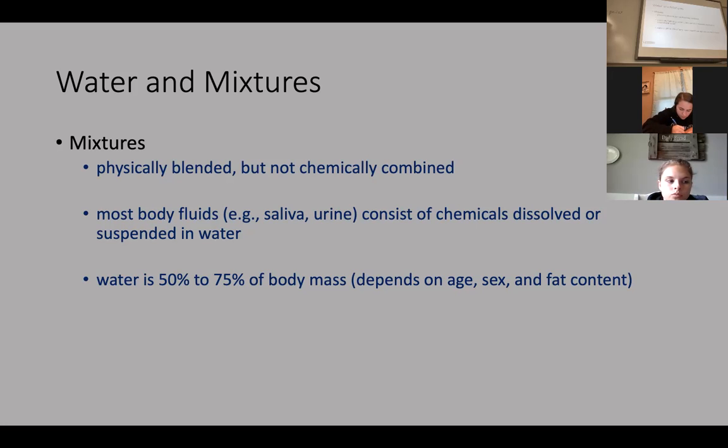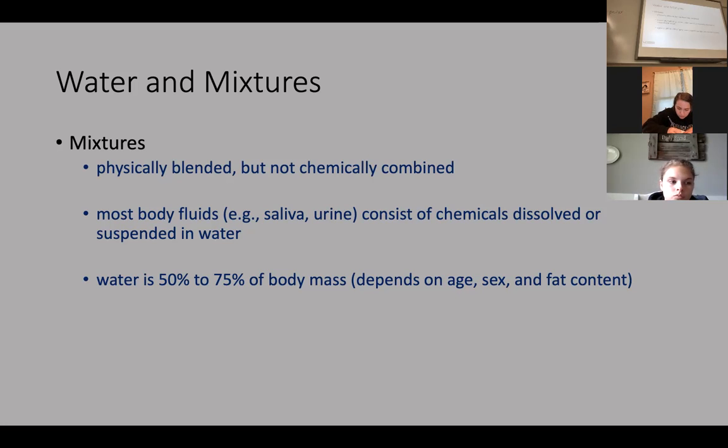And I think on Wednesday, I said water makes up 2/3 to 3/4 of our body mass. I was wrong. It makes up 50%, so half to 3/4, just depends on age, gender, body fat content. If you're really dehydrated, probably really old, your body mass is 50% water. So the older you get, the less water in your body.